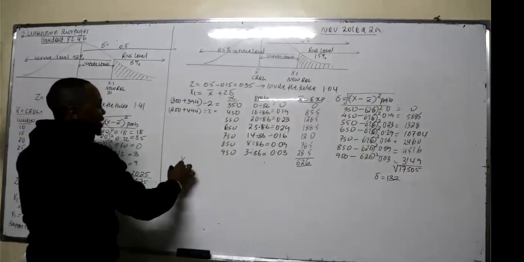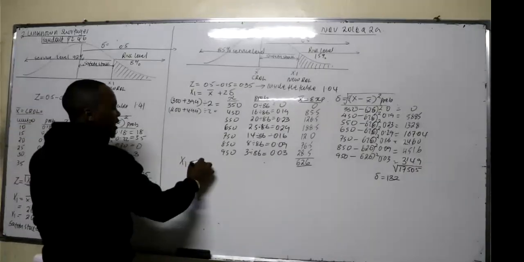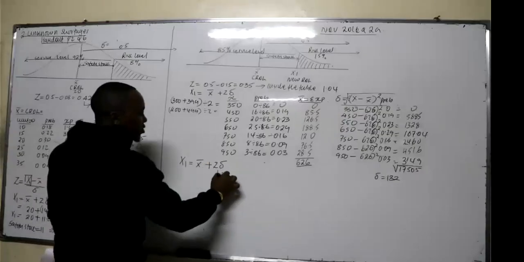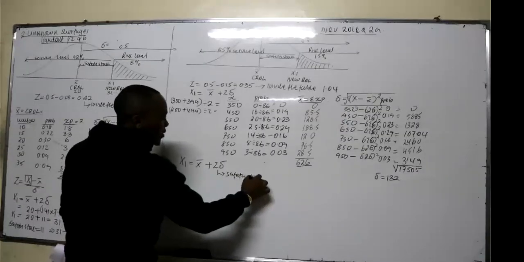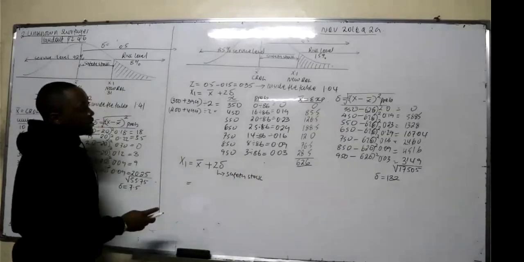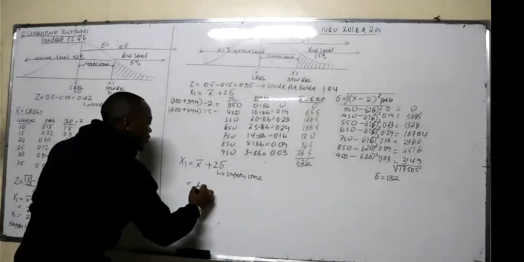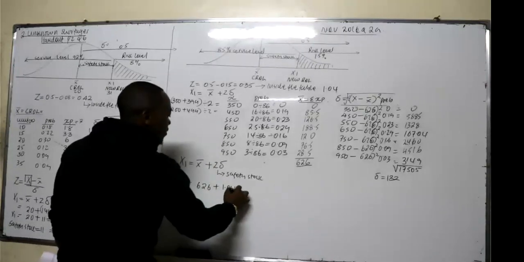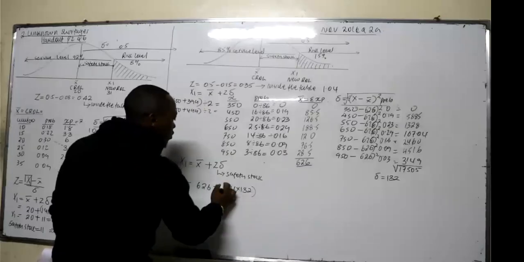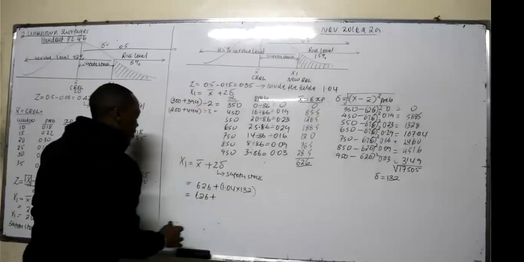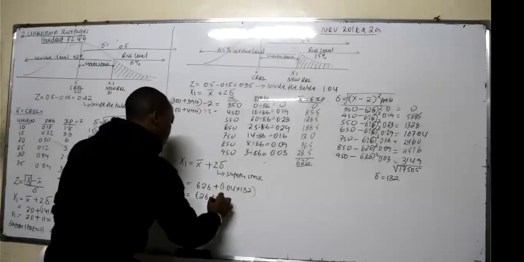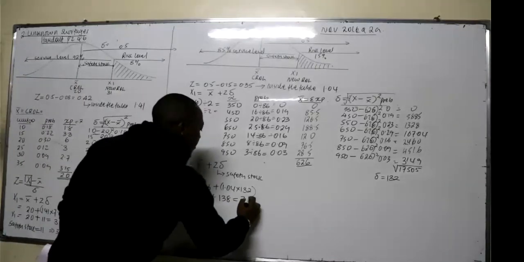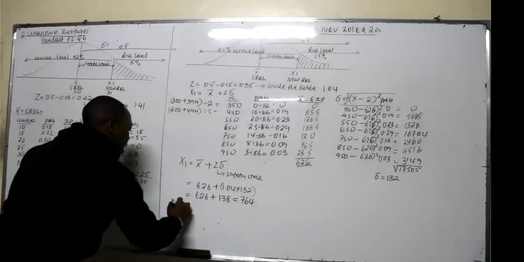So X1 is X bar plus Z standard deviation. And this Z standard deviation is what we call our safety stock. So X bar is our current reorder level, which is 626, plus we have our Z, which is 1.04. Standard deviation is 132. So this one will be 626 plus 138. So how much is the total? 760. Yeah, so that means our new reorder level.